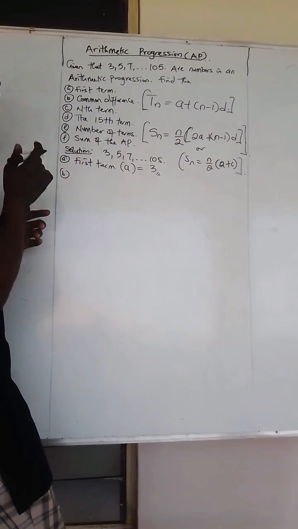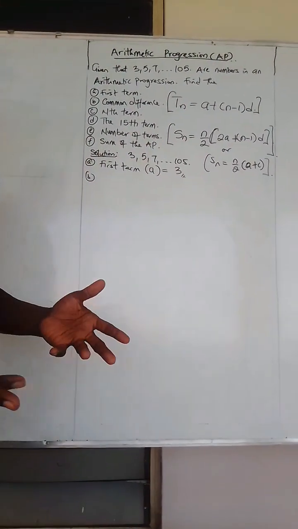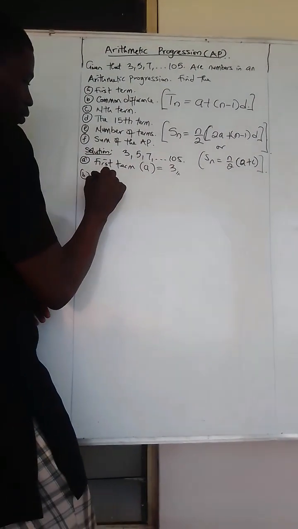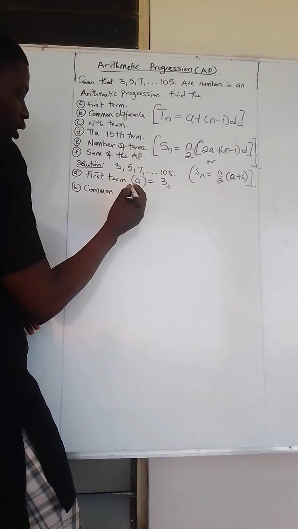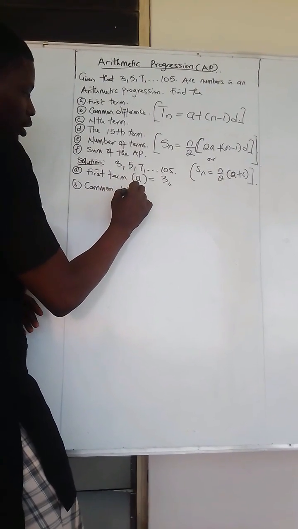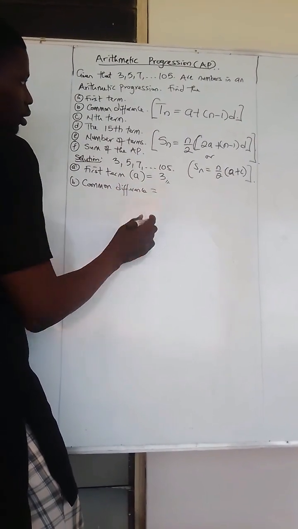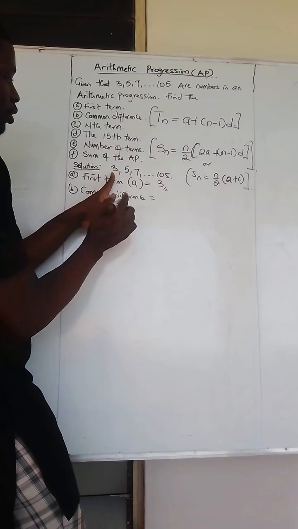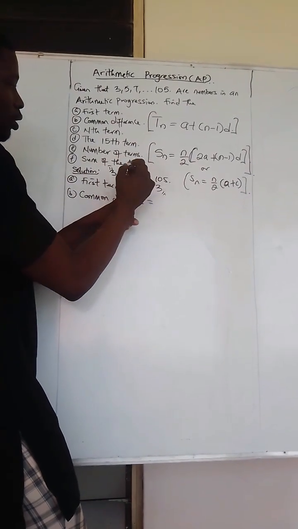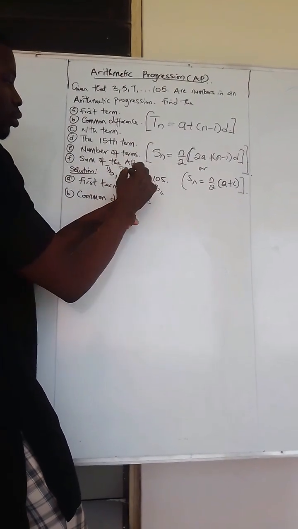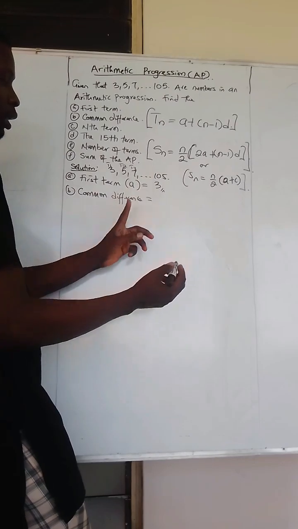Question 2 says we should look for the common difference. The common difference here is the difference between the second term and the first term. This is T1, the second one is T2, this is T3, and on.